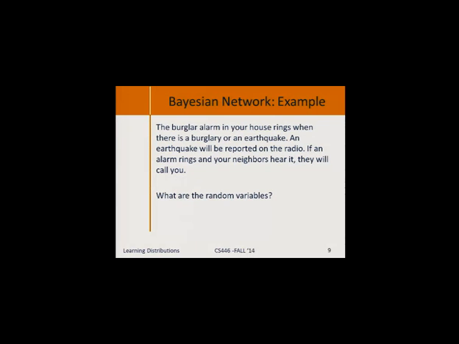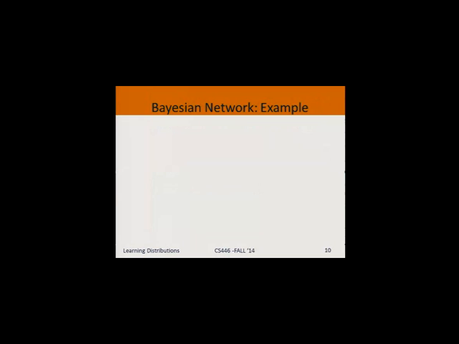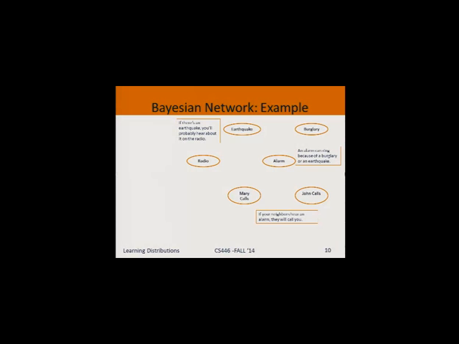OK, so first of all, we have to model it. I mean, you kind of modeled it already because you chose variables to query. We'll think about all of them as Boolean variables. Was there an earthquake, yes or no? Was there a burglary, yes or no? Did we hear the alarm, yes or no, and so on. I have these two neighbors. And then I want to be able to model the information that we have.